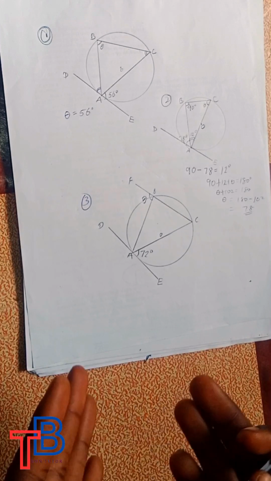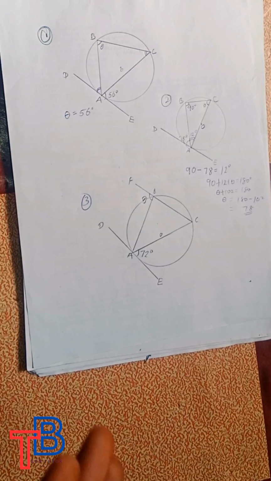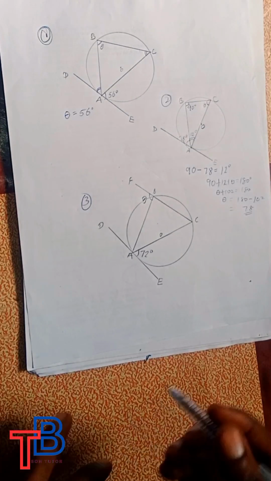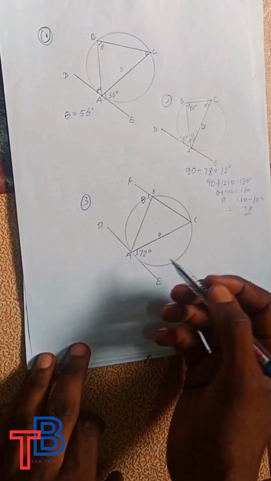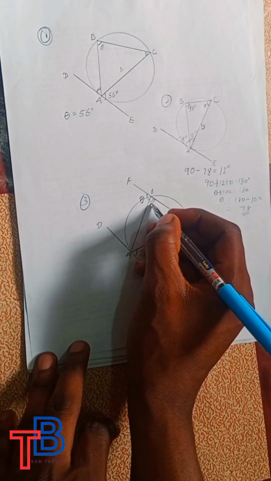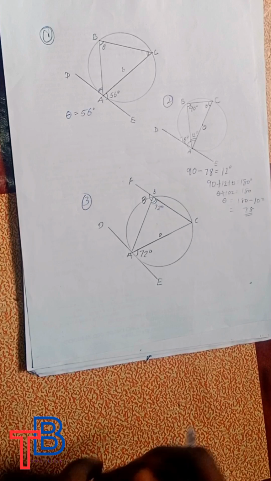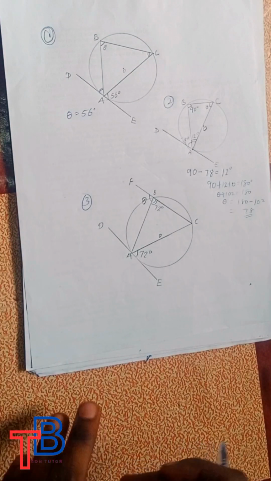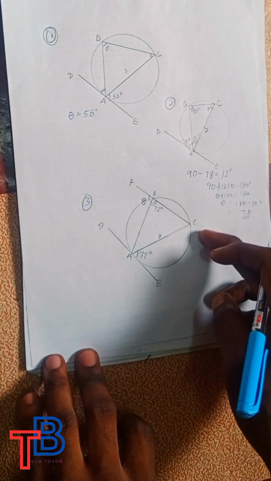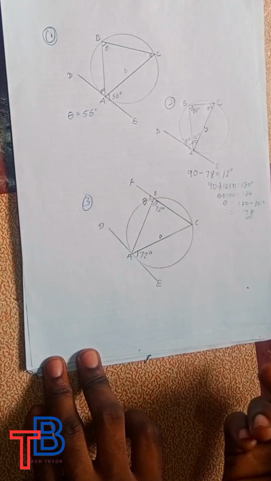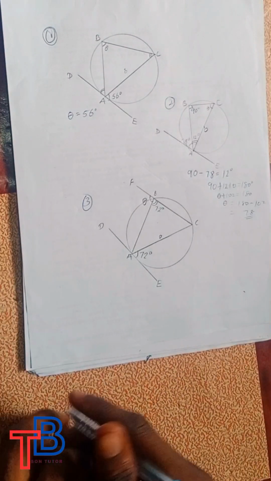We have similar rules in this place also, whereby the 72 degrees we have here will be equal to the angle here, which will also be 72 degrees. For us to get our theta, we can see that this is a straight line, and theta and 72 are the two angles we have on the straight line.